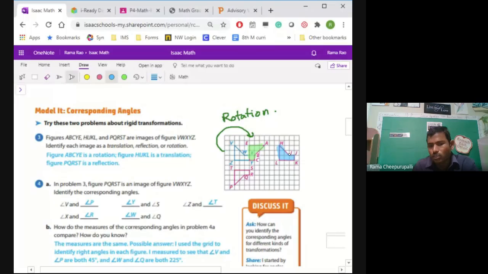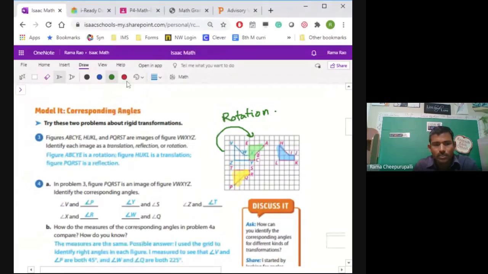That's a translation. And then coming to the last one, this picture is a reflection because it's flipped over from this blue picture. Can you see that? So that's one really important way to identify whether it is a rotation, translation, or reflection.